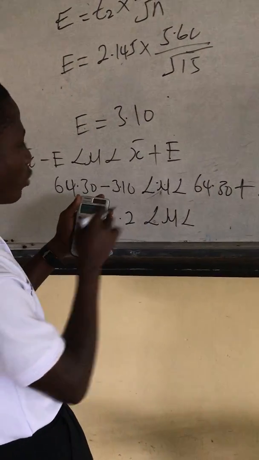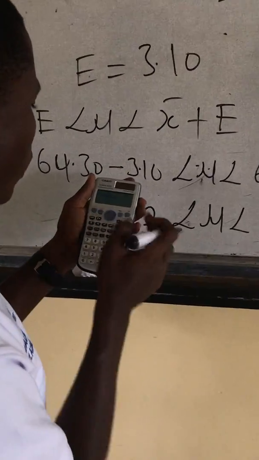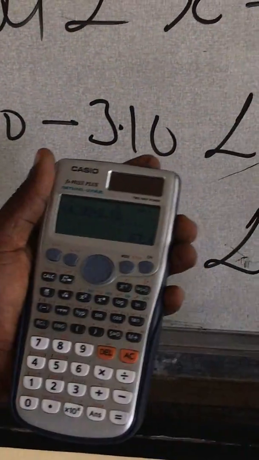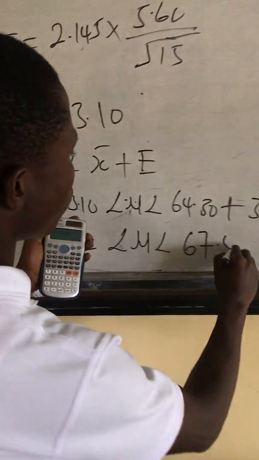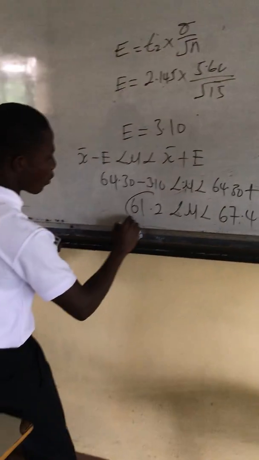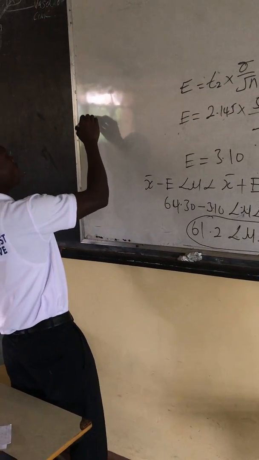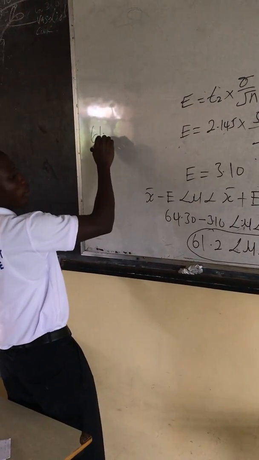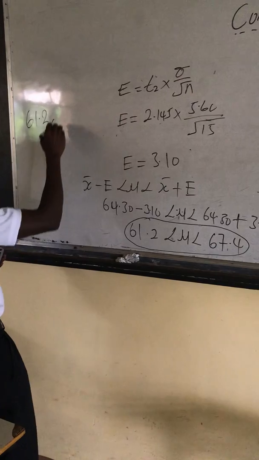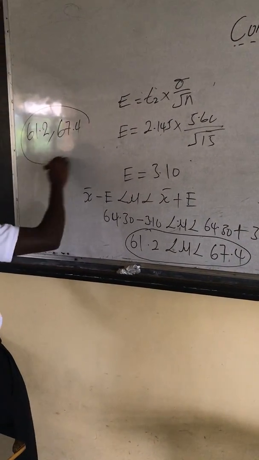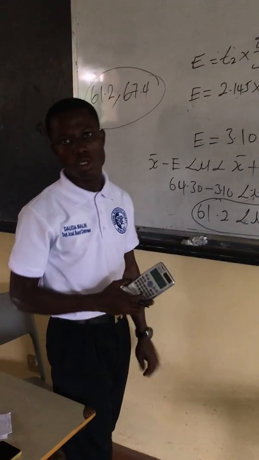Here we add to the right, so I will leave the minus, then plus 3.10. So here too, I got 67.4. So this becomes our final answer. The final answer was 61.2, comma, 67.4. So this is my final answer for my T distribution.